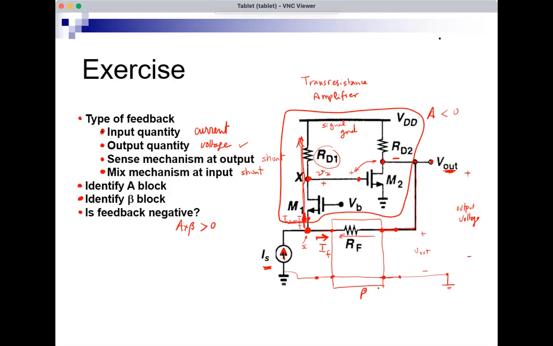So again, beta is negative because IF is flowing like this, and V out is plus minus like this. And I have a resistor here, just a resistor inside the beta block. So beta is negative, A is negative, and therefore the feedback is negative.